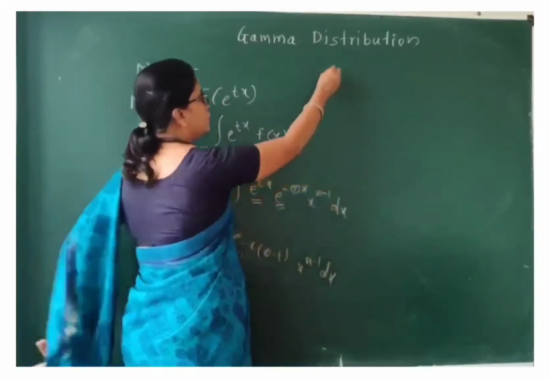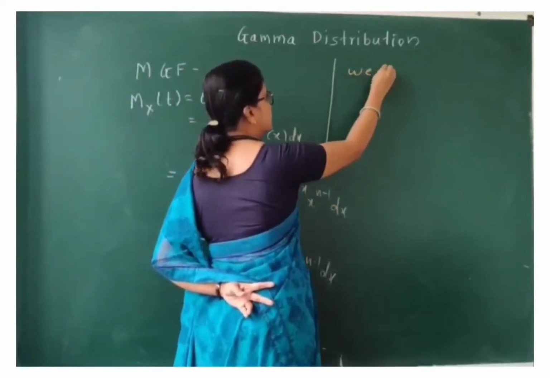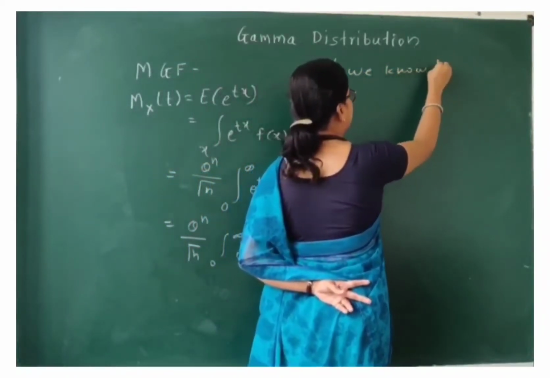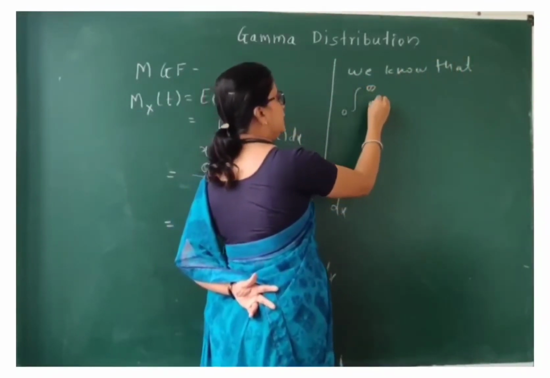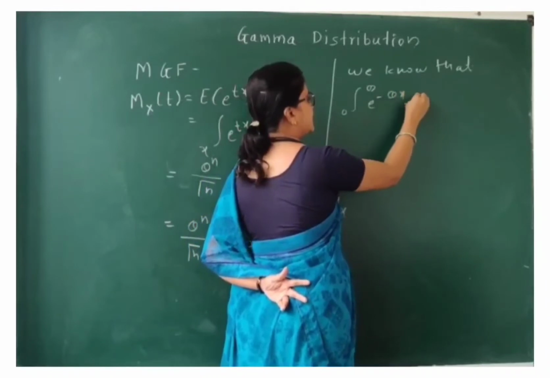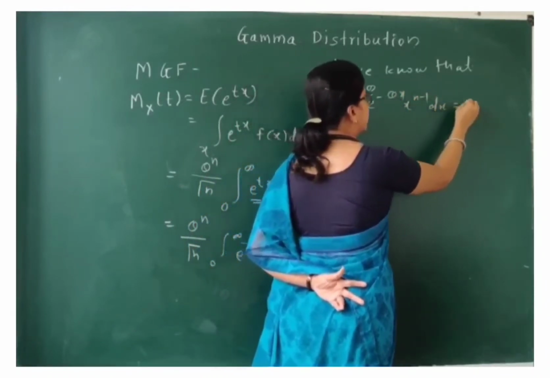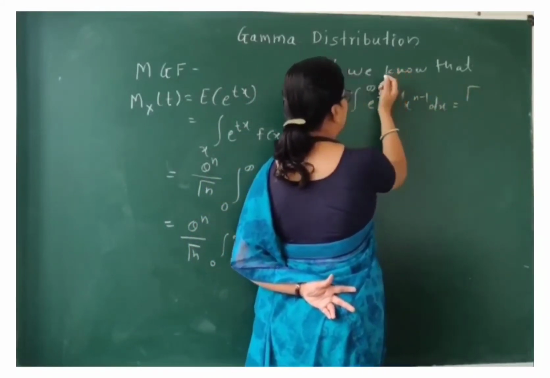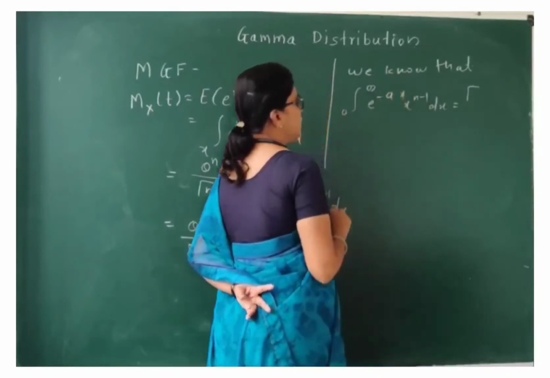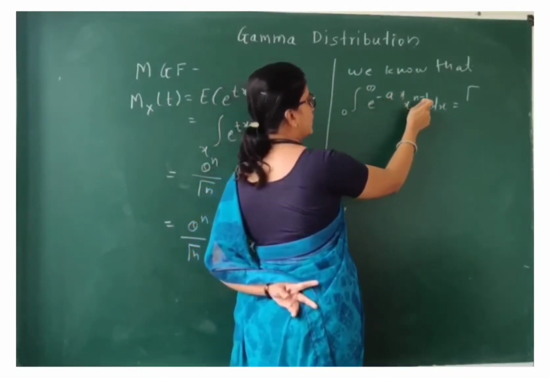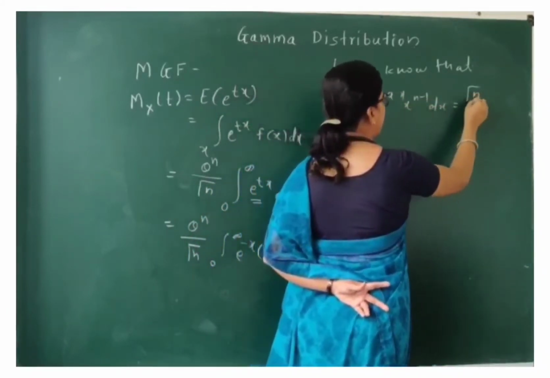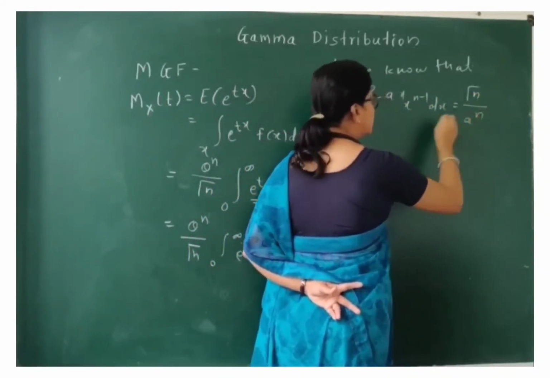Okay. Now what do we know? We know that the integral from 0 to infinity of e raised to minus a x, x raised to n minus 1 dx is equal to gamma n upon a raised to n.